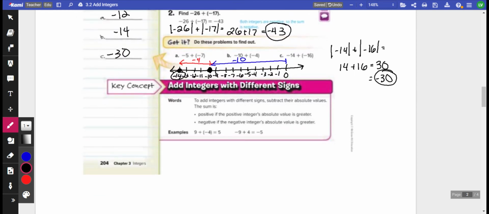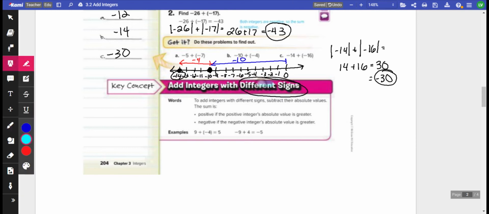So now we're going to try adding integers with different signs. This time we have different signs. To add integers with different signs, subtract their absolute values. The sum is positive if the positive integer's absolute value is greater.